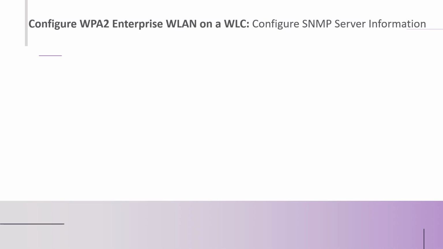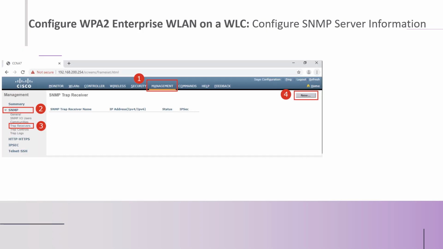The first thing we need to do is to configure the Simple Network Management Protocol server. To do this, we click on the Management tab to access a variety of management features. Simple Network Management Protocol is listed at the top of the menu on the left.